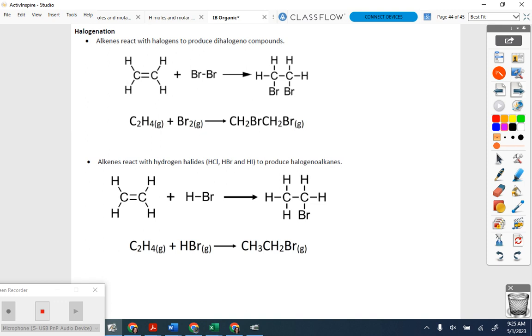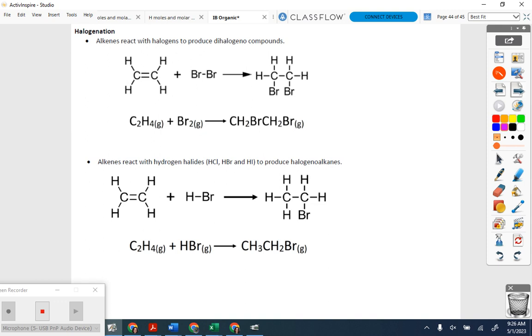You can also do a reaction where you add 1 hydrogen and 1 halogen, typically in the case of these hydrogen halides, which are also essentially acids. So hydrobromic acid added to an alkene is going to create a bromoalkane. And same thing with chlorine or with iodine.